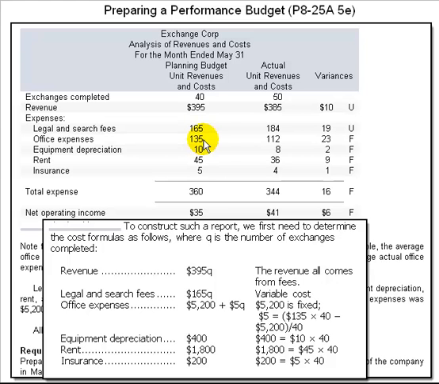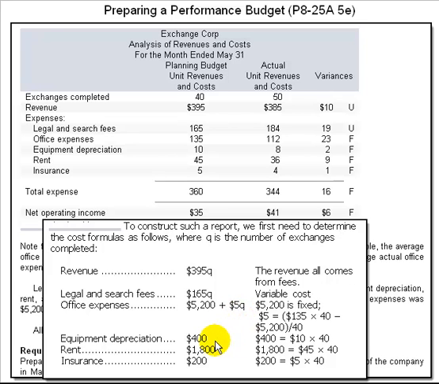And then they told us we were planning on having 40 exchanges at the 135 unit cost level. So if we take 135 times 40 and then subtract $5,200, the fixed portion, and divide the whole thing by 40, we're able to come up with the variable cost portion, which is $5 per unit.